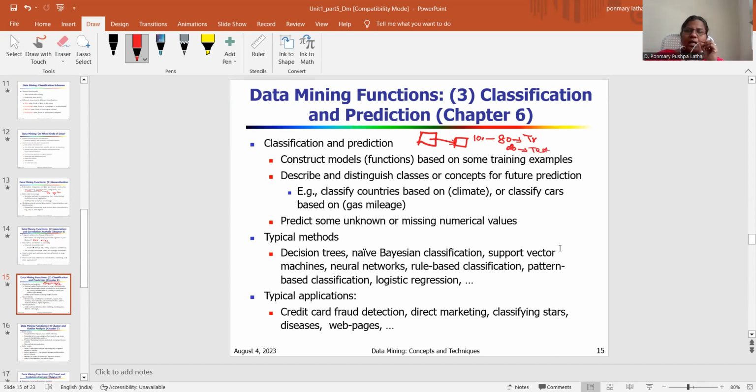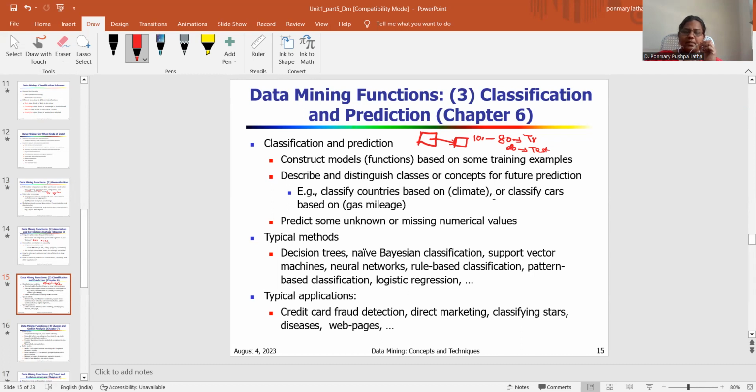With the 80 you predict the model, and that model is applicable for other data also. Of course, you have to go with validation. You can classify the countries based on climate.